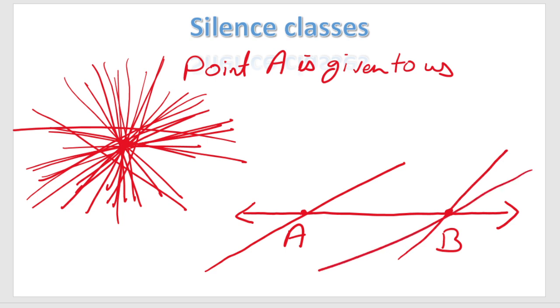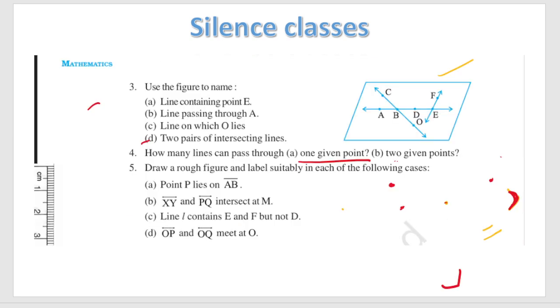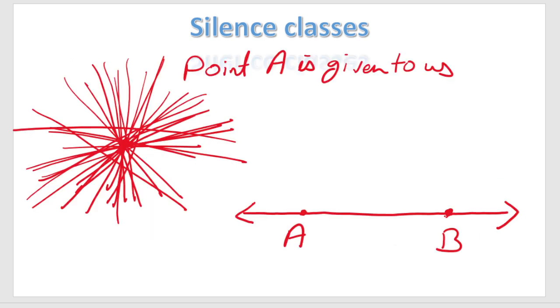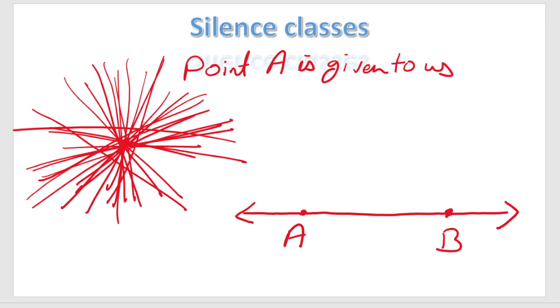If we draw like this, then also it will never pass. We can say only one line can be passed through two given points. I hope you guys understood.